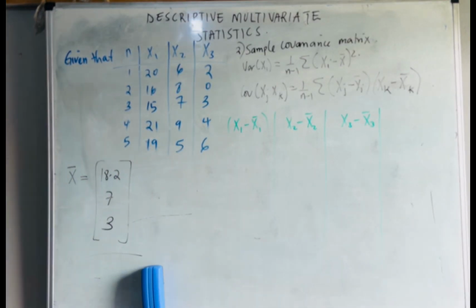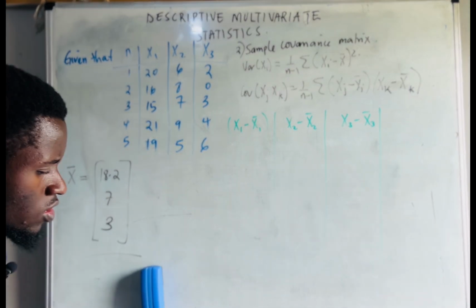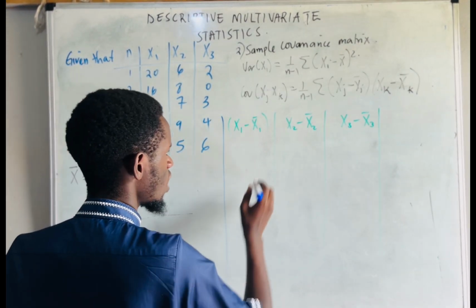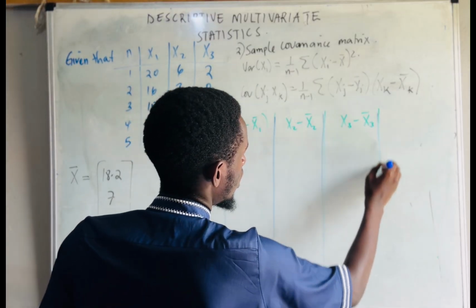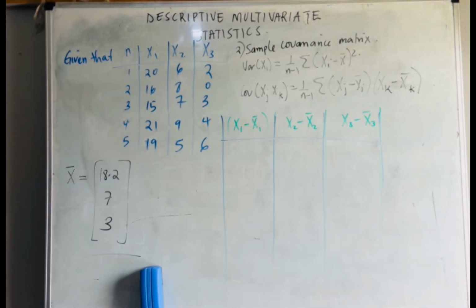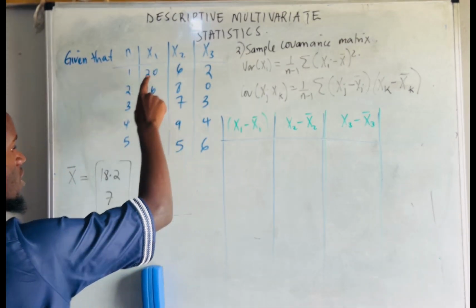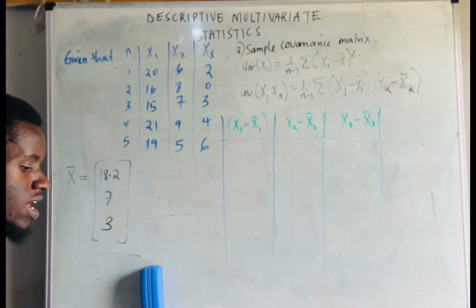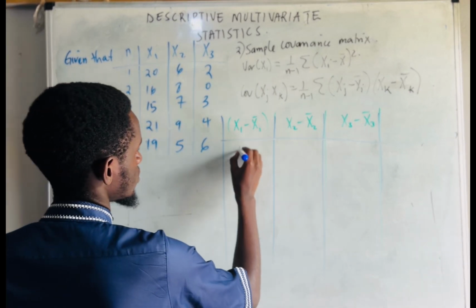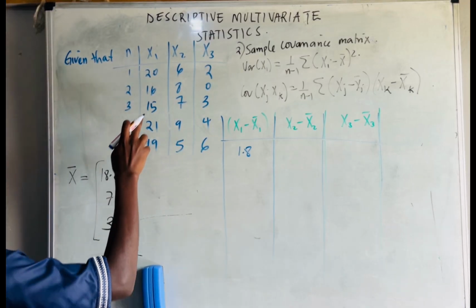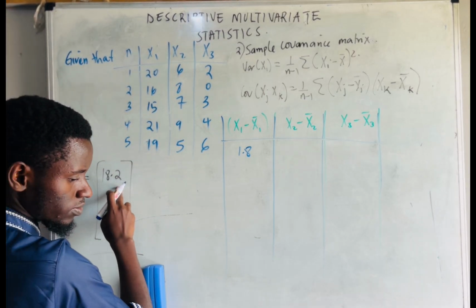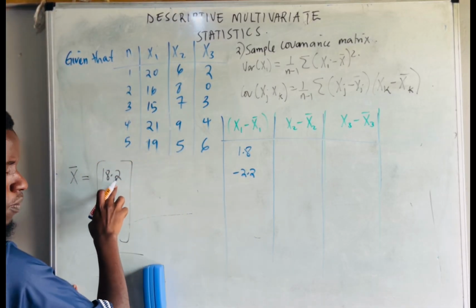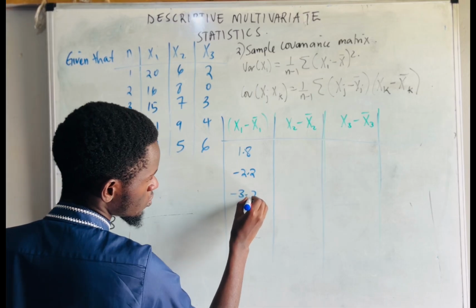This will make our life easier and simpler. Now, x1 is 20, so we need 20 minus 18.2, which is 1.8. What is 16 minus 18.2? We have negative 2.2. Then 15 minus 18.2 is negative 3.2. Are we together?